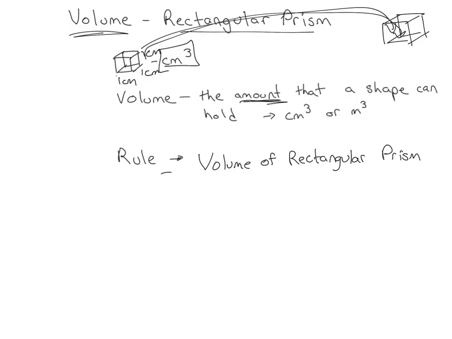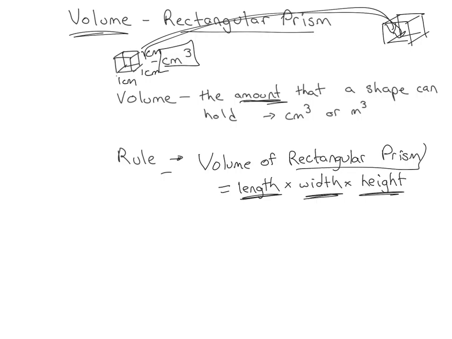Well, the volume of a rectangular prism is equal to the length of the prism times the width of the prism times the height of the prism. So if you know how long it is, how wide it is, and how tall it is, and you multiply them all together, that will give you the volume of that rectangular prism. Just a quick reminder, this only works for a rectangular prism, so you have to remember that.